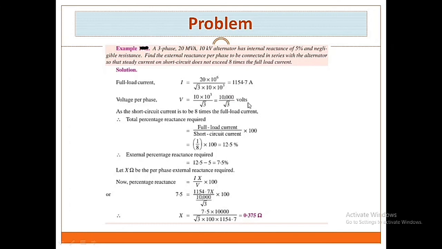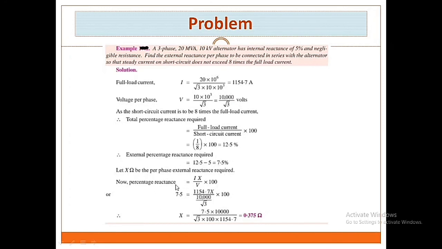Now in the problem it is said that short circuit current does not exceed 8 times the full load current. So full load current by short circuit current is 1 by 8. Into 100 we get the total percentage reactance. Now internal percentage reactance is 5%. Now we subtract the internal percentage reactance from total percentage reactance, and from here the value of external percentage reactance is 7.5.